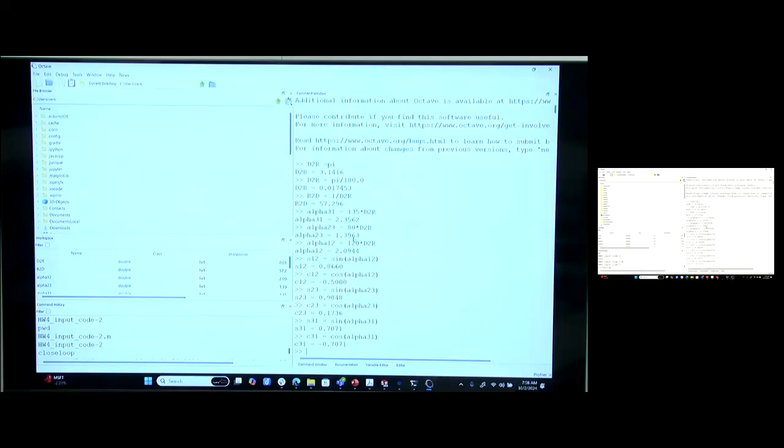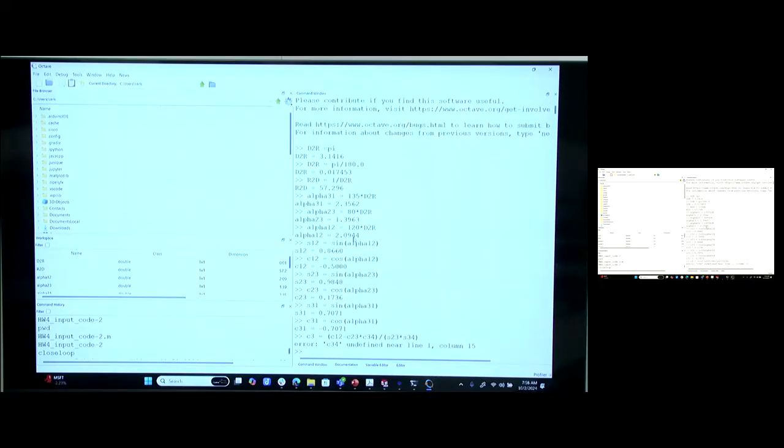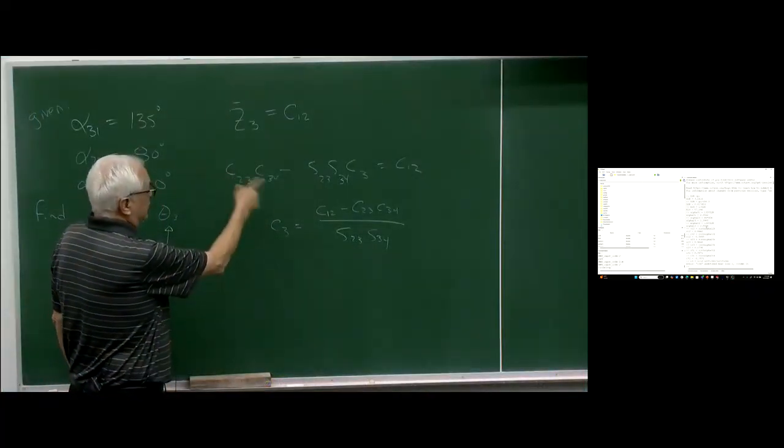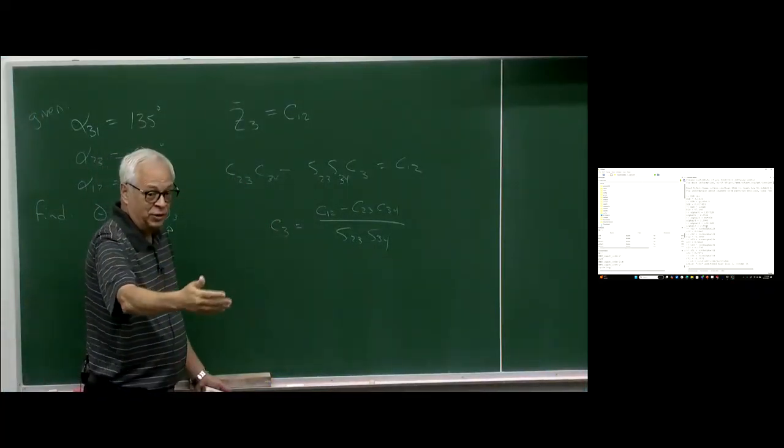Okay, so I think I got all those, and then I'm saying, we took that Z3 bar equals C12, expanded everything, and solved for cosine 3. So cosine 3 is equal to C12 minus C23 times C34 divided by S23 times S34. Oh, I did something stupid. I expanded a Z3 bar as if there was a 4, but there's no 4.